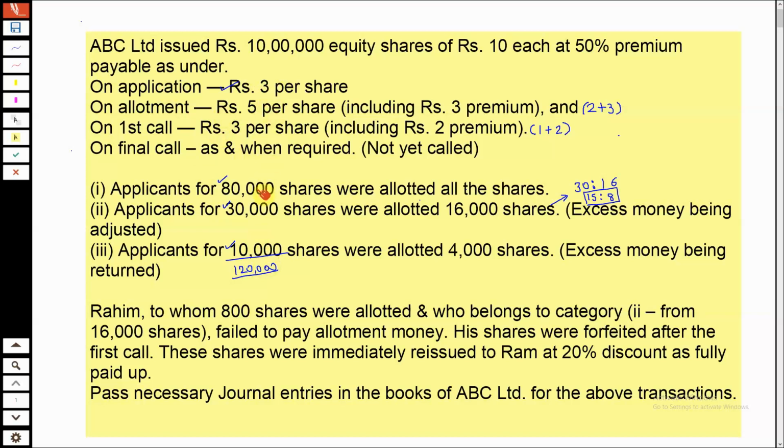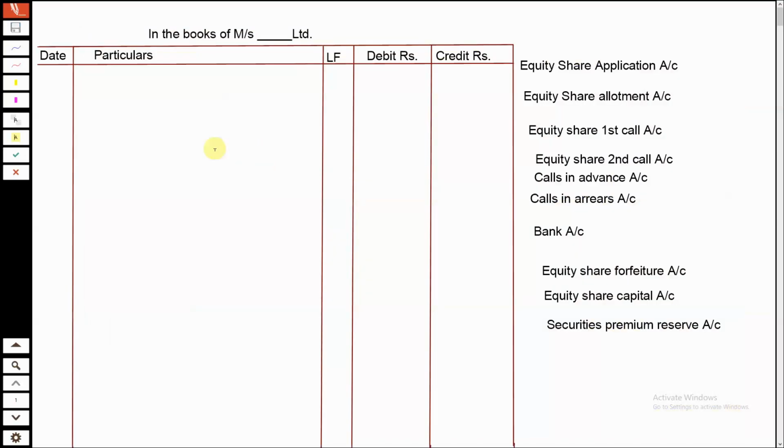So the first and foremost basic journal entry will be bank account debit. I have already created a few accounts which will get repeated, so I am going to use those accounts. First and foremost, the company is going to receive money in the bank, and we credit equity share application account.